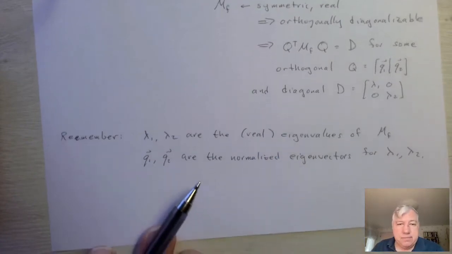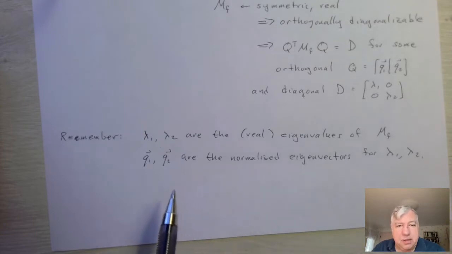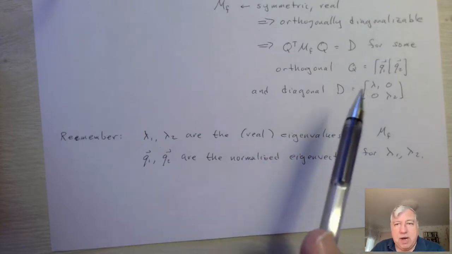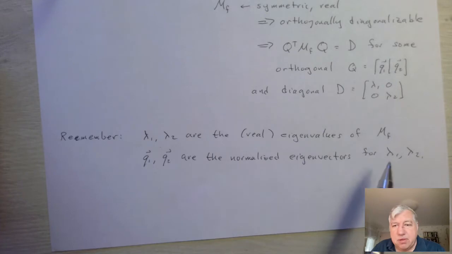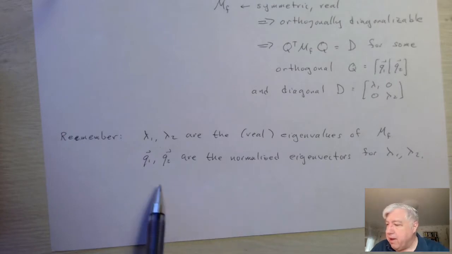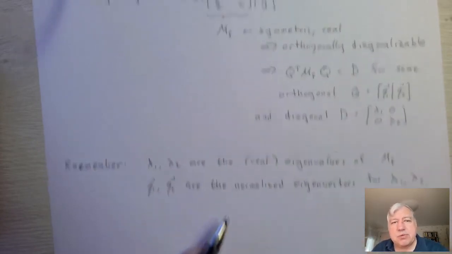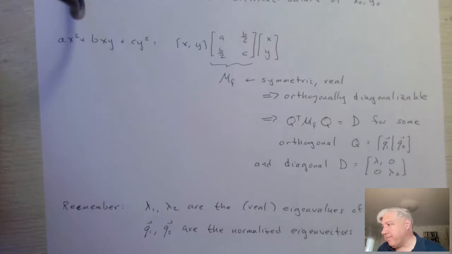We can get Q by finding the eigenvectors for lambda 1 and lambda 2 and normalizing them so their length is 1, and these will be the columns of this orthogonal matrix. So we already know that.